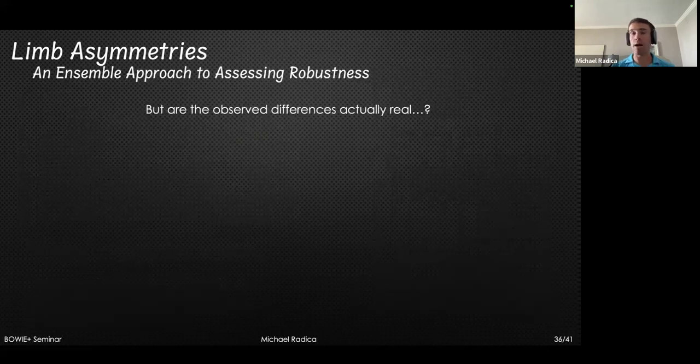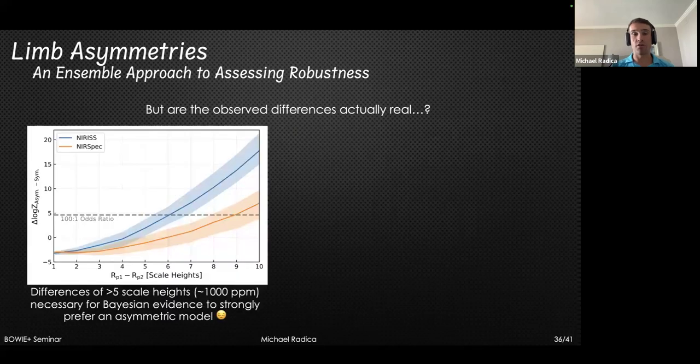But the question becomes, especially for cases where the limb difference is borderline, are these observed differences actually real? We can take a couple of different approaches to figure this out. The first is a Bayesian evidence comparison between an asymmetric transit model and a symmetric transit model.